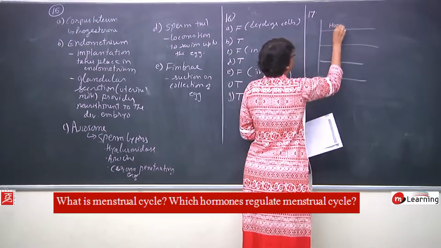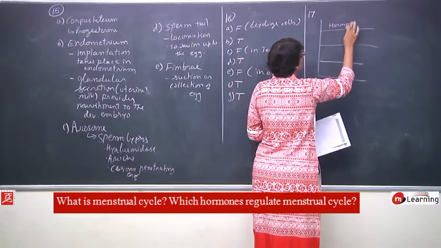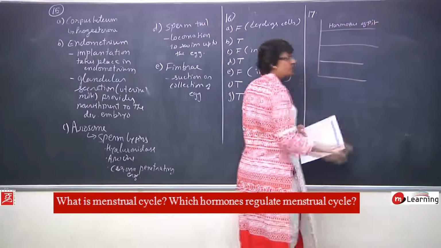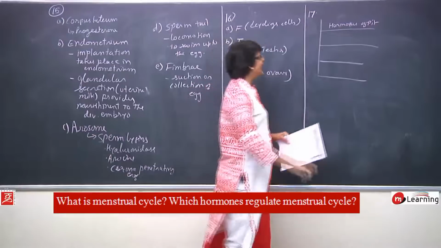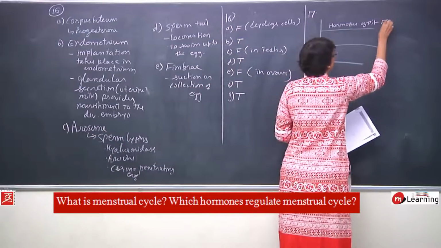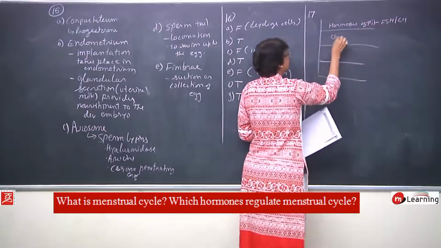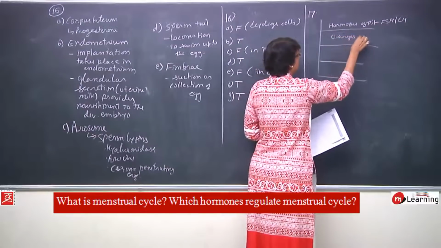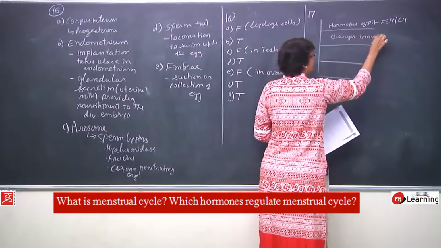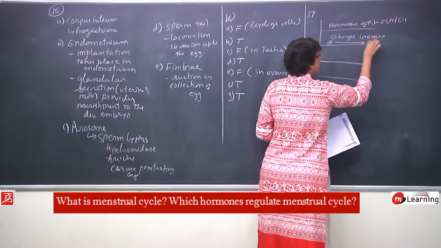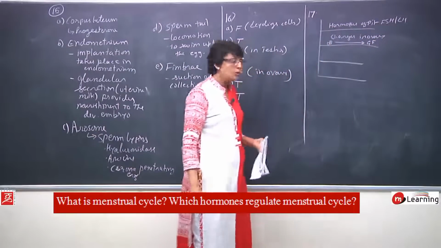Here we will write or make the hormones of pituitary, that is FSH and LH. So, here we will draw FSH and LH, then changes in ovary, that is from simple follicles to Graafian follicle changes, all those.